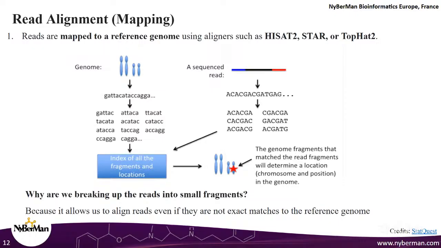If you are studying a human disease, your reference genome would be the human reference genome. We all know it has 3 billion bases. Just try to imagine a very large string, a very long thread. That is basically your human reference genome.